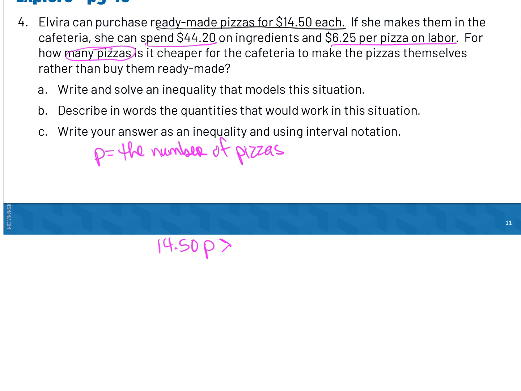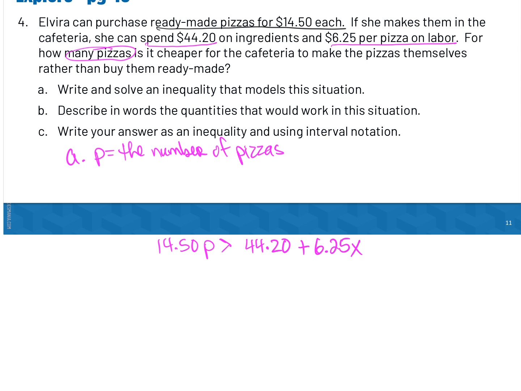And then to make one, she spends $44.20 at first to buy the ingredients, and then $6.25 per pizza on the labor. We don't know how many pizzas she's going to buy. So this is actually our equation, starting with our variable. Go ahead and solve it and then come back to me.